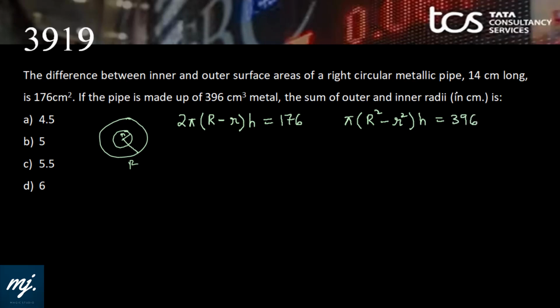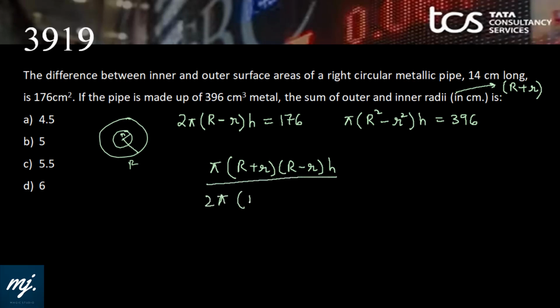Now the sum of outer and inner radii, that means we are looking for the value of R + r. If we divide these two, very easily we can get this value. How? π(R² − r²)h is (R + r)(R − r)h, divided by 2π(R − r)h, is 396 by 176. π gone, (R − r)h gone.